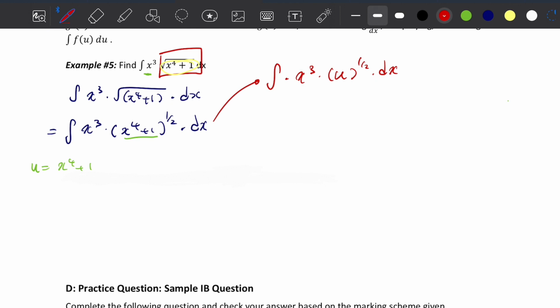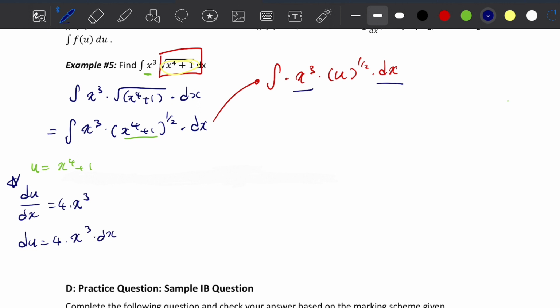We're going to change everything in terms of u, so we need to differentiate u. It's going to be du over dx equals 4 times x cubed. We need to get rid of the x cubed and the dx because we want to change the function in terms of u. So let's rearrange this in terms of u: du is equal to 4 times x cubed times dx, right?